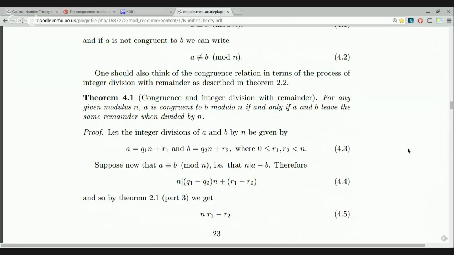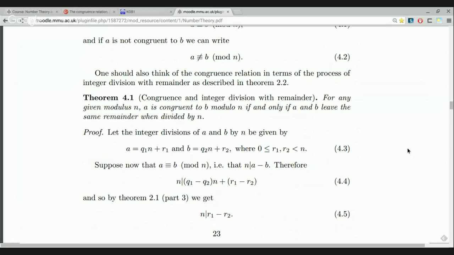So this says that two integers are congruent, in the sense we've introduced just now, if and only if, when you divide both of the numbers, a and b, by n, they both leave behind the same remainder. So these two remainders are going to be equal if a and b are congruent.